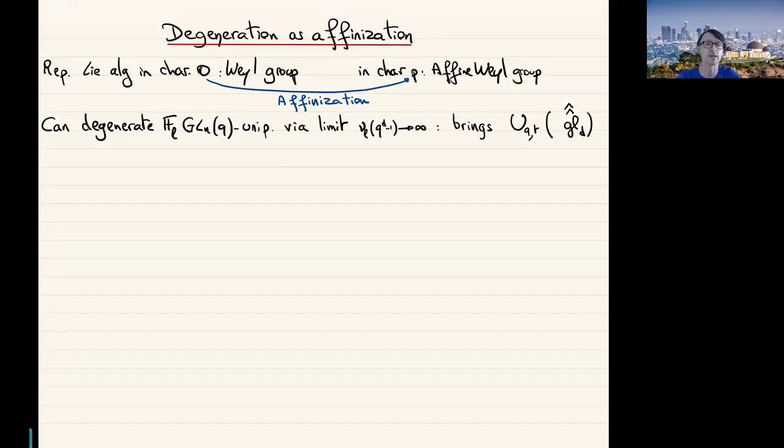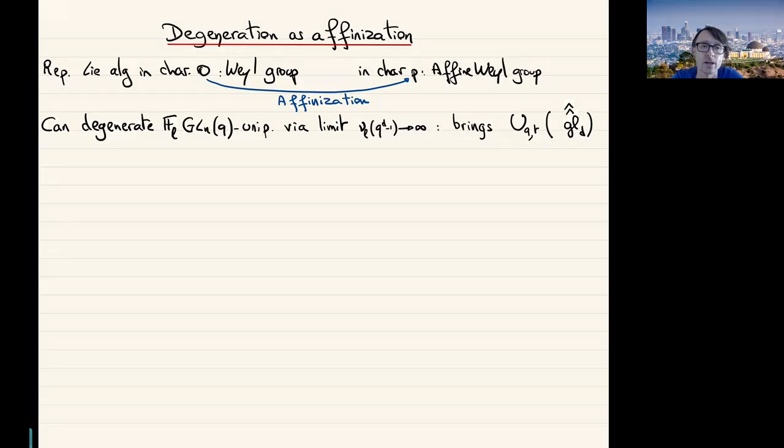So what's going on here is that we are already in characteristic l, so we can't go more modular, but there's something else we can do. It's to make q^d minus 1 closer and closer to 0 modulo l.